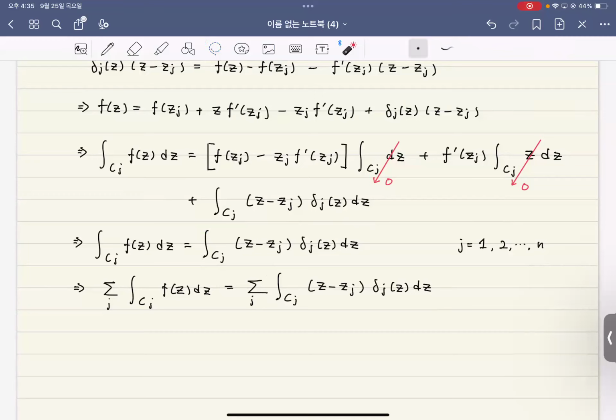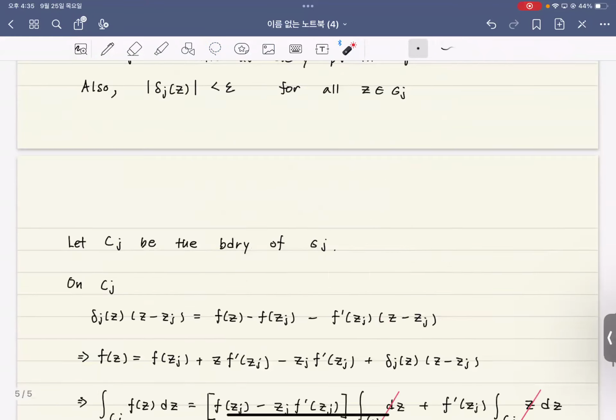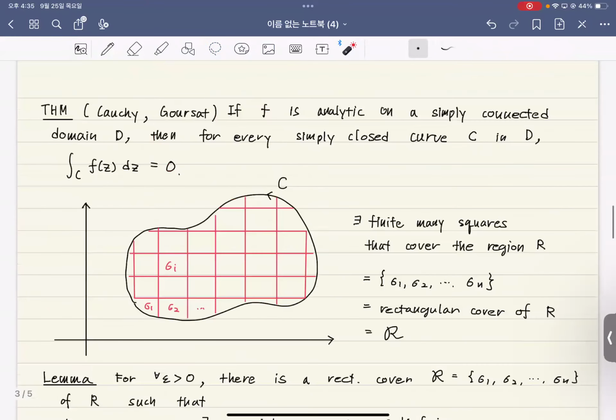Now, the amazing thing happens for the left-hand side. Let me go back to this picture. For each of these squares, I am taking the integral over the positively oriented boundary curve.